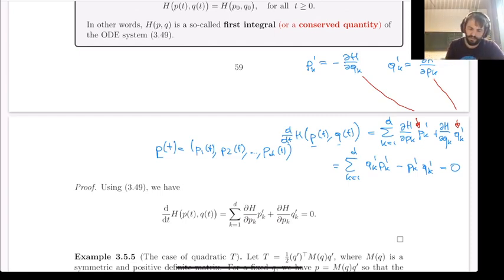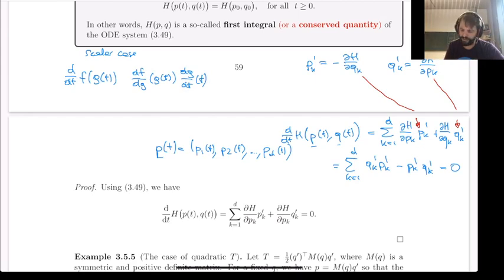So if you think about it this way, d by dt of f of g of t for the scalar case, the chain rule just says this is df by dg evaluated at g of t times dg by dt of t. That's just the chain rule.